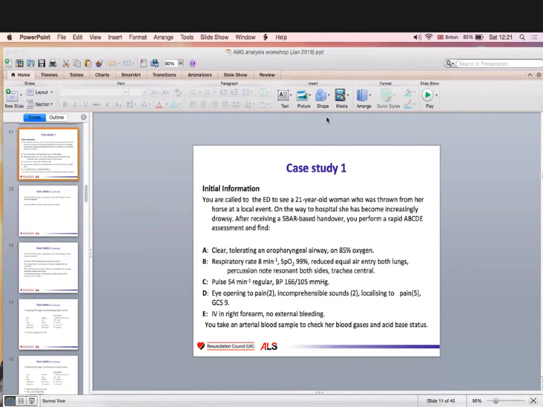She's bradypneic and air entry is reduced, so there may be some lung pathology. Her pulse rate is mildly bradycardic but regular, and blood pressure is all right. But her GCS is 9, very close to 8. Due to her impaired GCS, her ventilation would be affected.